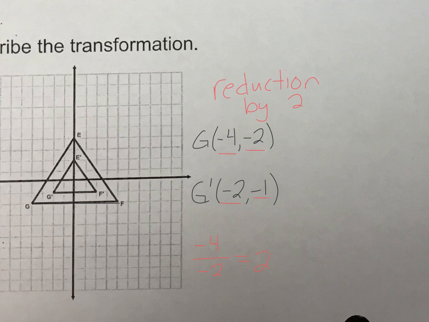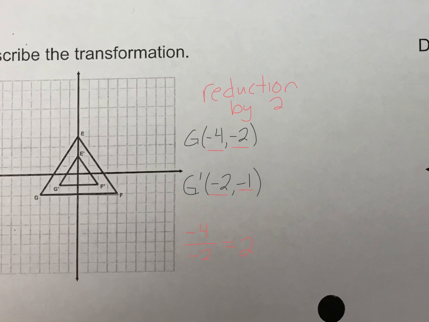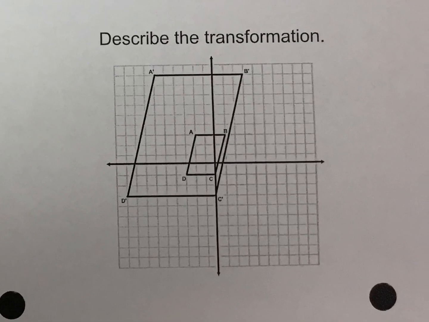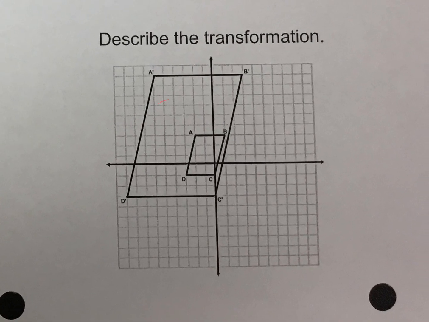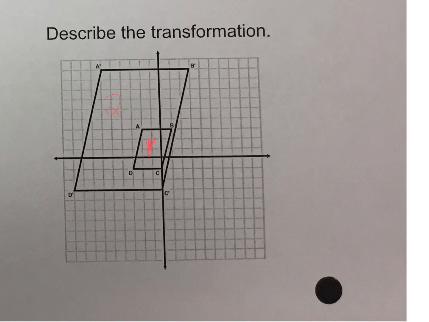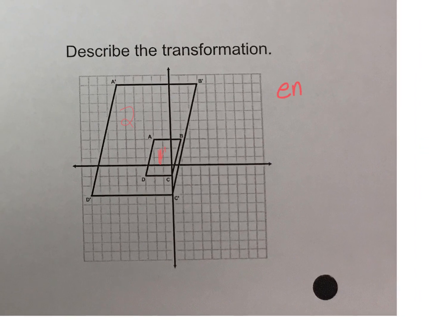Okay, go try that last one by yourself. Second image, right? Those primes are our second image. So our original one was that smaller one. So if we go from smaller to bigger, what's that word? Enlargement. Yep. Can I just stop with enlargement? No, we got to figure out how much it's changing.